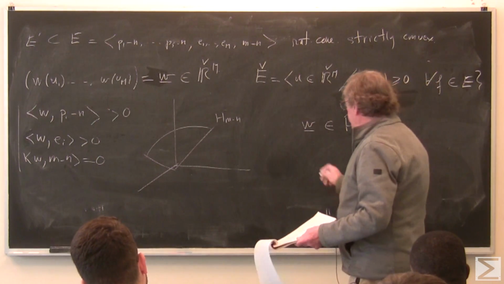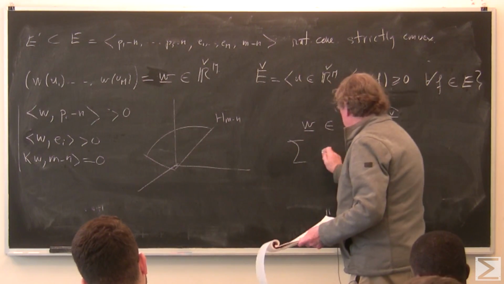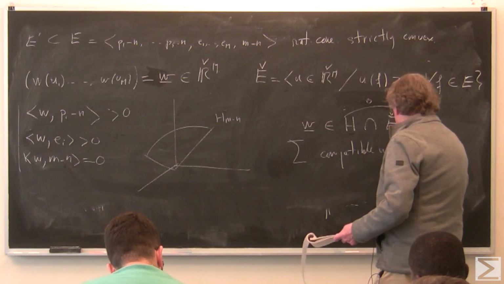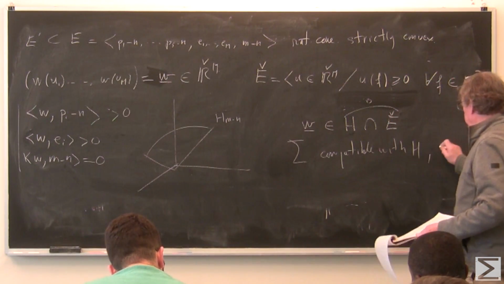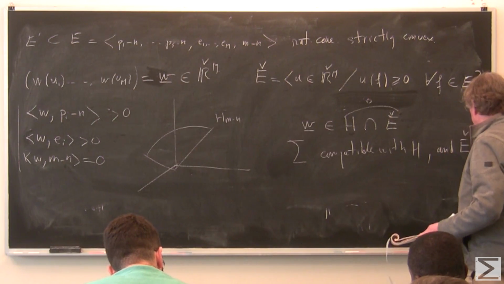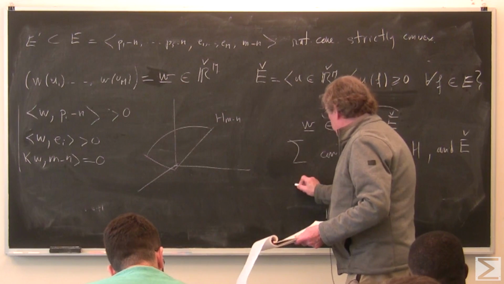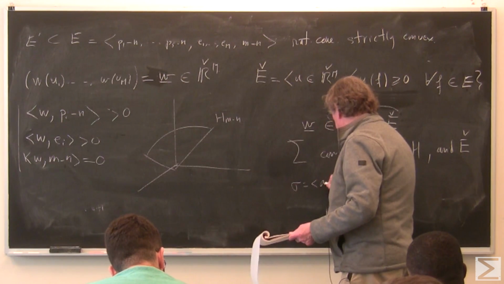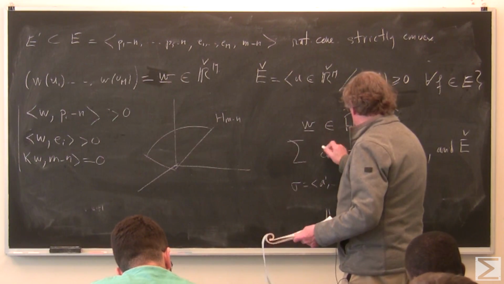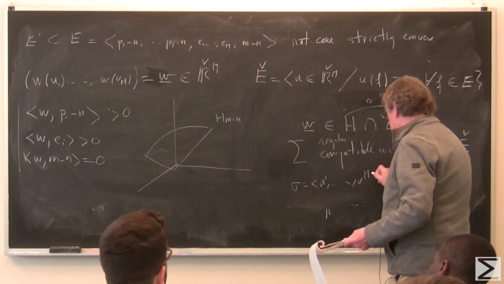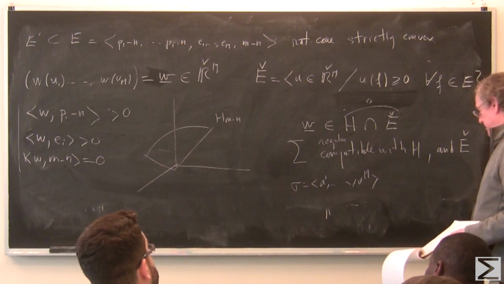Okay. Now we take a fan sigma, which is compatible with H, like yesterday, and E dual. And if we look now at one specific cone of this fan, this is a regular fan. We look at one of the cones of this fan.